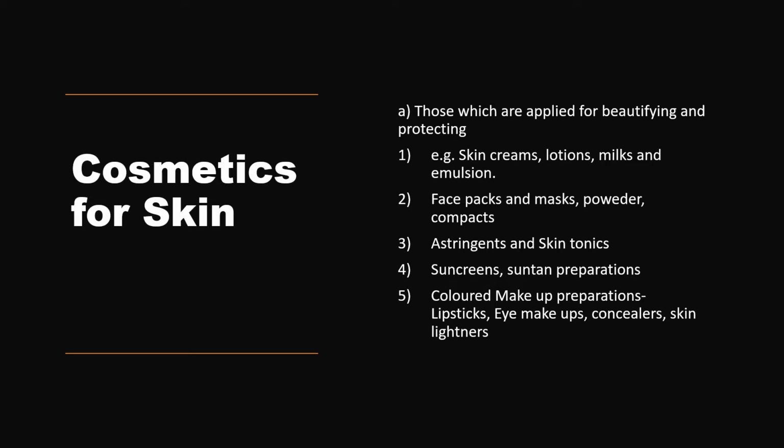For example, different types of creams, moisturizers, lotions, emulsions, and milk products. Apart from that, we use a number of face packs, masks, and powder compacts. Various types of skin tonics or astringent preparations, sunscreen, suntan preparations, and various other colored products like lipsticks, makeup, concealers, and skin lightener creams.